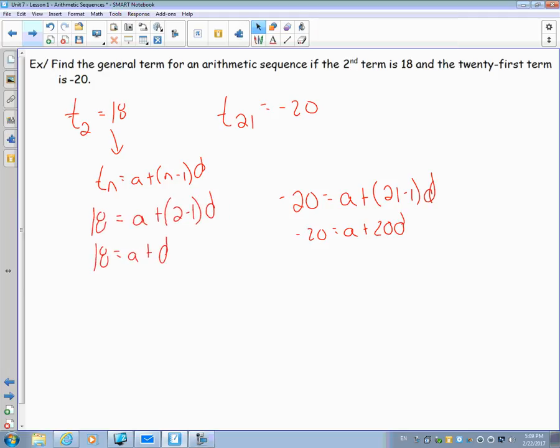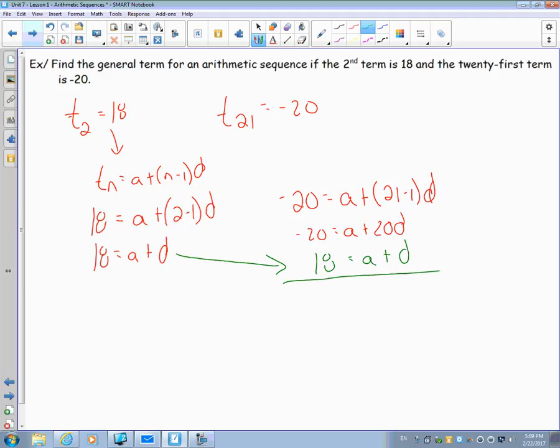We can solve this. If I take this equation and put it underneath the other one, 18 equals a plus d, I can use elimination. My a's are the same, they have the same sign, so I'm going to subtract them. And that would give us negative 38 equals 19d.